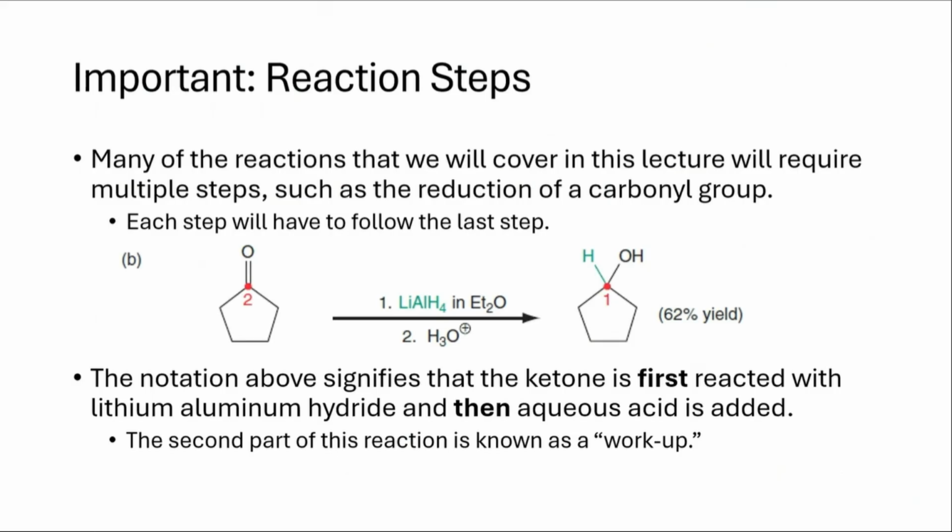The notation above signifies that the ketone is first reacted with lithium aluminium hydride, and then aqueous acid is added. So lithium aluminium hydride comes first, and then we add aqueous acid, which is acid in water solution. The second part of the reaction is known as a workup.